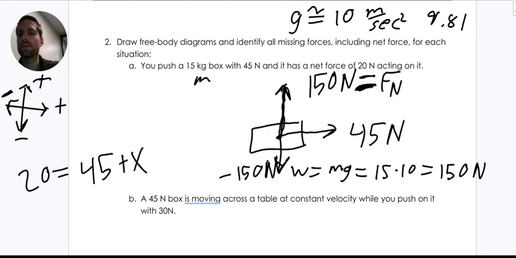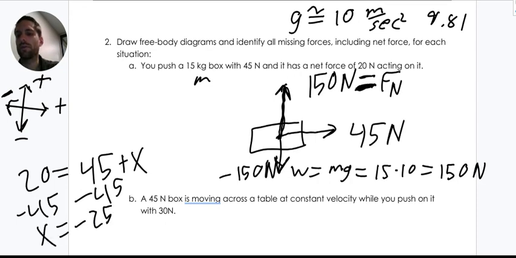Call it x. So my force to the left is just going to be negative 45 to both sides. So x equals negative 25 newtons. So that's going to be my force to the left. Negative 25 newtons. And there's my diagram.